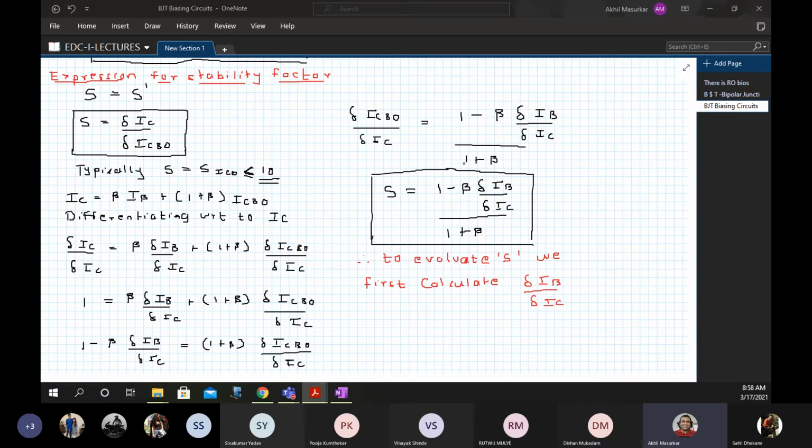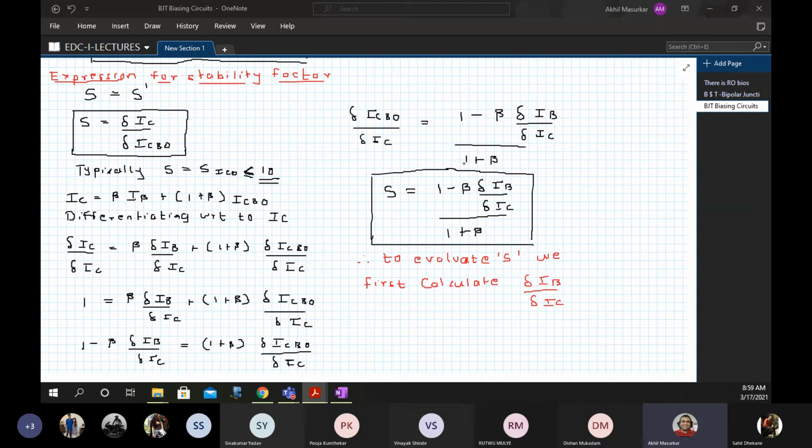Now, slope is negative, so you can draw a line with a negative slope anywhere in the XY axis, but we want to know specifically what is the location of this, and that is why we calculated point A and point B and fixed the position of the DC load line. Then we said that the Q point must lie on this DC load line.